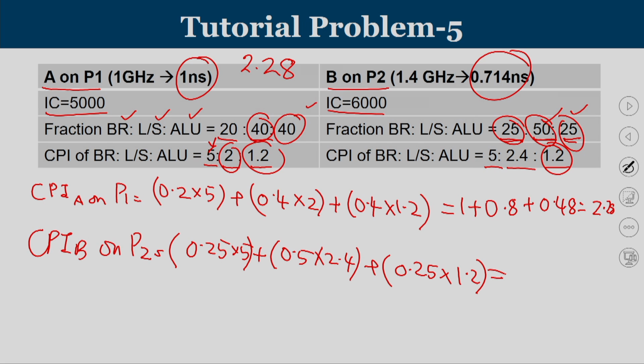So, upon solving, you will get the number 2.75. So, the CPI of the second program is 2.75.